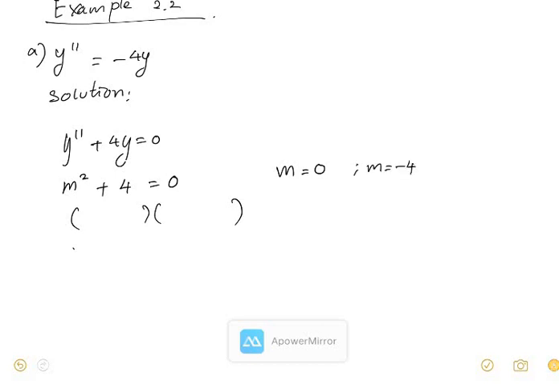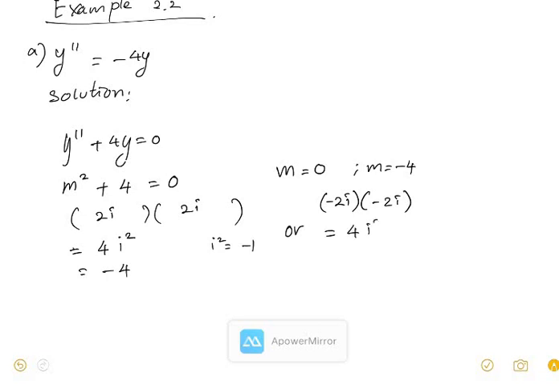If negative 4, this means that it is 2i times 2i, which is equivalent to 4i squared. I squared equals negative 1, so you get negative 4. Or we have negative 2i times negative 2i, which is also 4i squared, so you have negative 4.